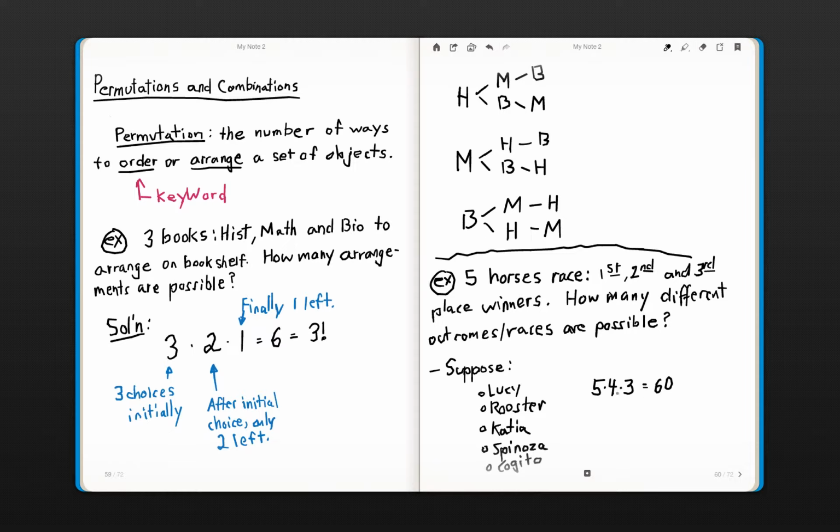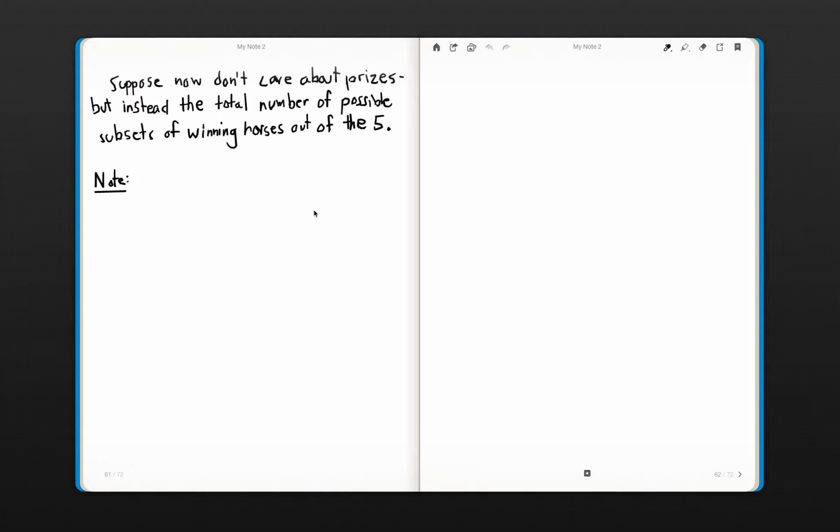And that would eliminate the permutations that are double counting, or counting more than once, the different winnings. So that'll be a little clearer here.